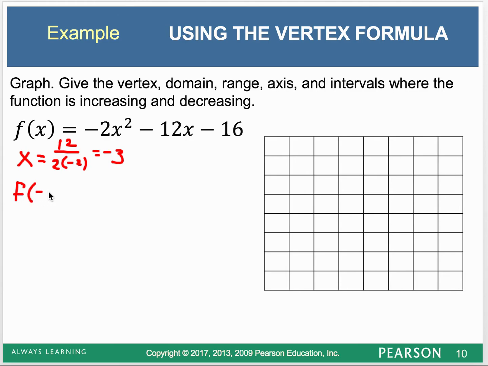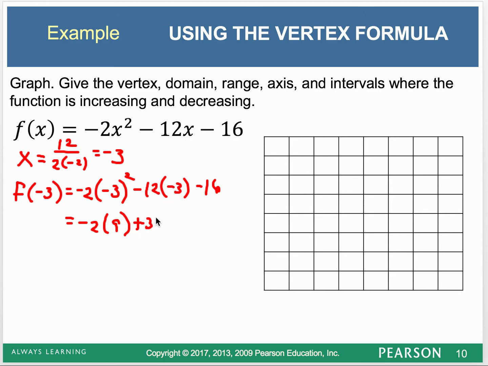So f of negative 3 is negative 2 times negative 3 squared minus 12 times negative 3 minus 16, or negative 2 times 9, negative times a negative, so plus 36 minus 16, so negative 18 plus 36 minus 16, so this is 18 minus 16, or 2. All right, so my vertex is at negative 3, positive 2.